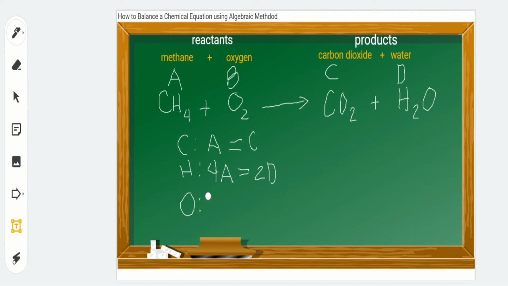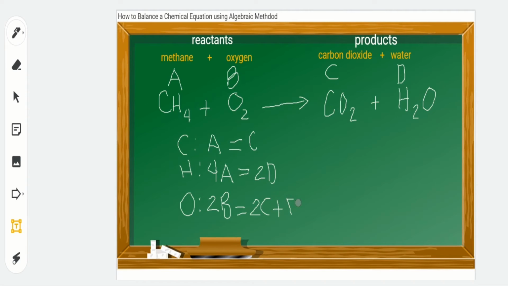And for our oxygen, here sa reactant side, meron tayong 2. So we have to write it as 2B is equal to, tingnan natin dito sa product side, meron tayong 2C plus, meron pa tayong oxygen, pero isa lang, dito sa may D. So, 2C plus D. Okay?